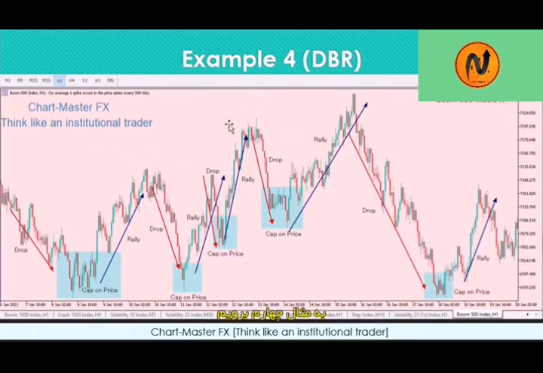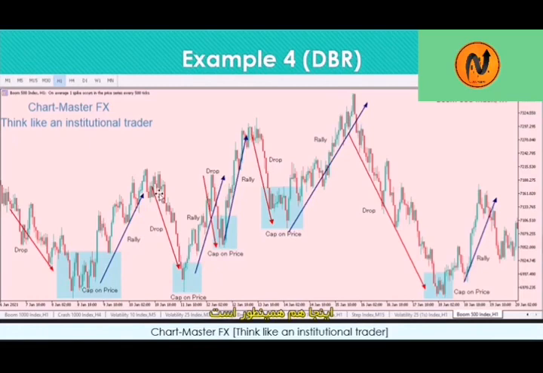On example number 4 here, on Boom 500 Index on H1, we can see that we had a drop in price, and you identify your lower low and you identify your higher high here. Then you can draw your cap on price. Once you draw your cap on price, we know we have a drop, base, rally.